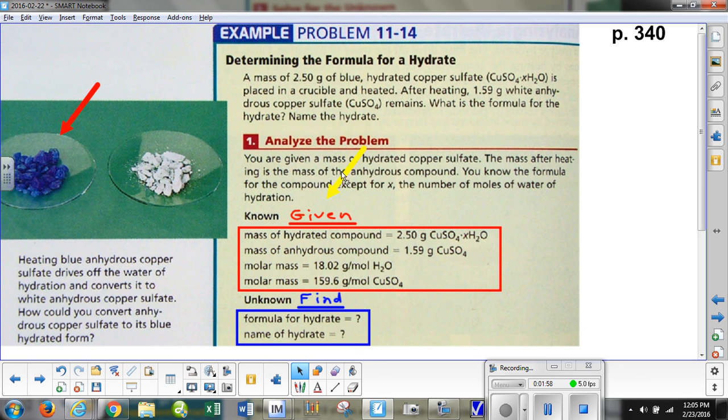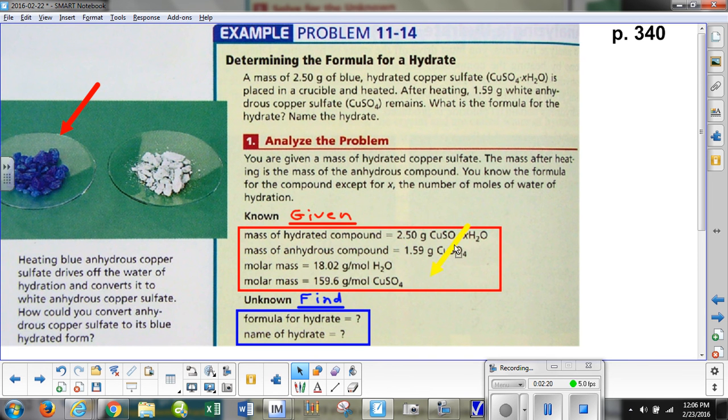So let's start with the given. That's what they call the known in this example. And you're given the mass of the compound with the water. Okay, so that's the hydrate. And then you get the mass of the anhydrous compound, which is what happens when we heat this and it becomes this.